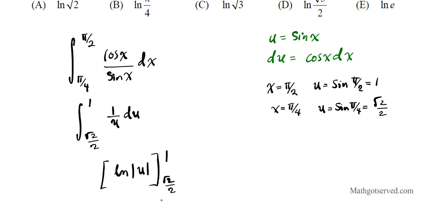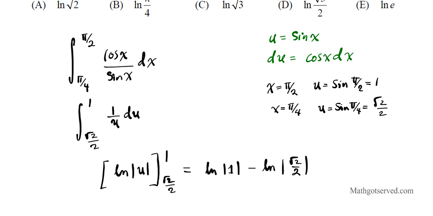Okay? So applying FTC part 2, this is going to become the natural logarithm of the absolute value of the upper limit, 1, minus the natural logarithm of the lower limit, which is root 2 over 2.